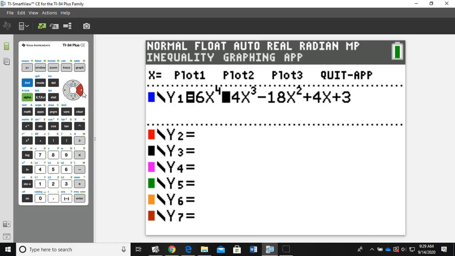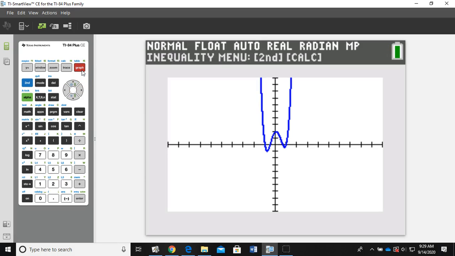Negative x to the 3rd. Yeah. Alright, and then, minus 8x, alright, and then, plus x and, plus 2. And we hit graph. Again, you can see it goes through -1 and 1. You just want to find those in the middle.